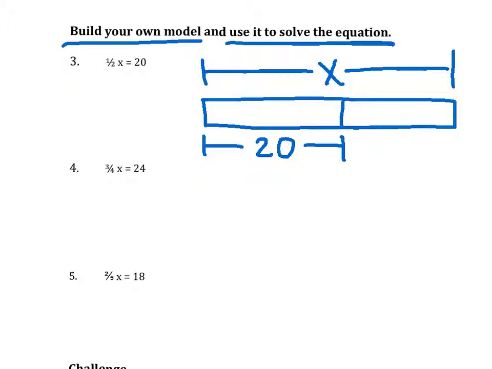So what's our whole in this case then? In this case then, if each box was 20, we have two 20s, x would be 40. So if you think about this, 1/2 of a number is 20. This is not saying 1/2 of 20 and asking you what that is. There's a difference there. Okay, just be aware of that.